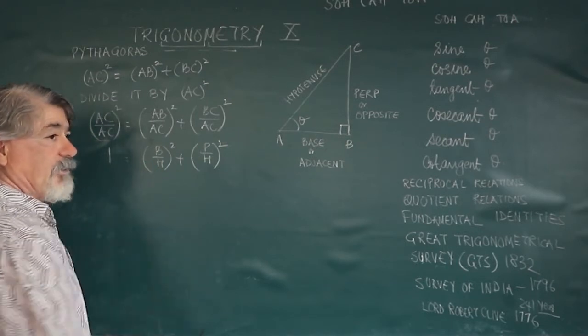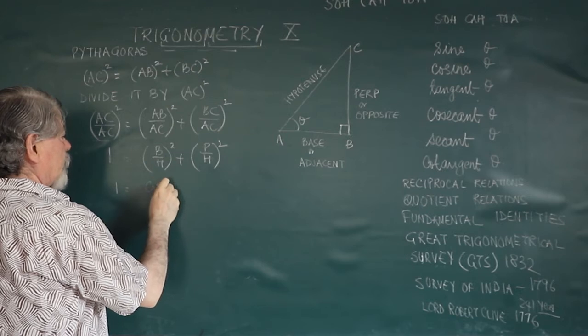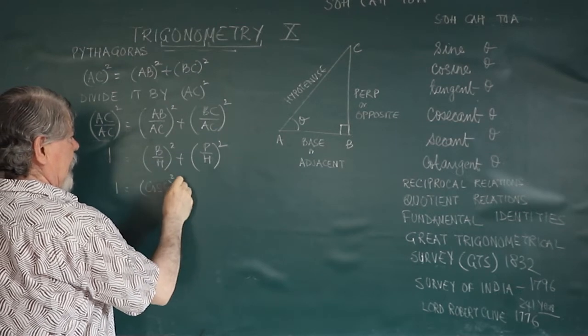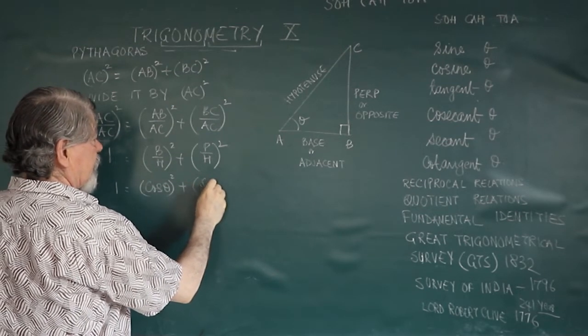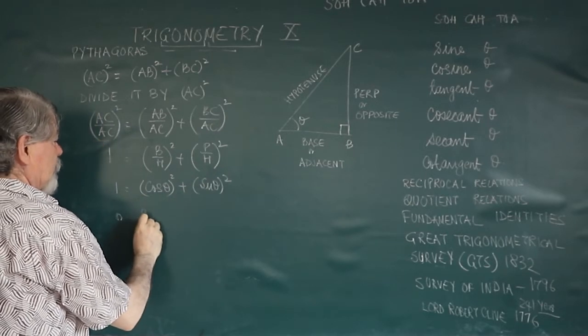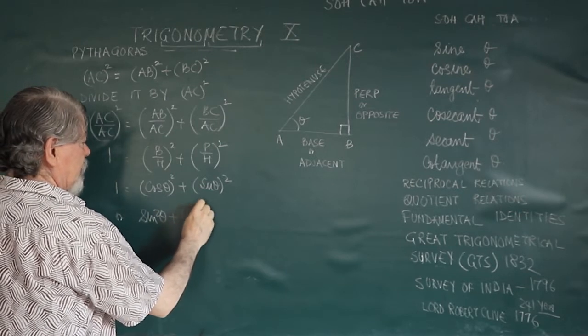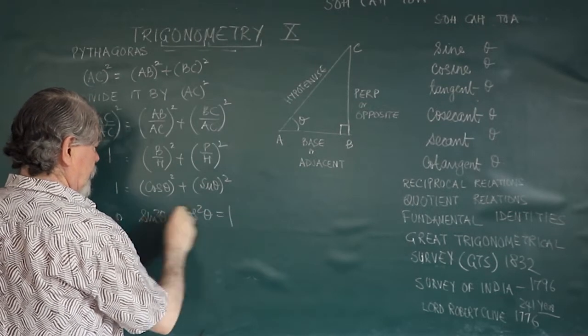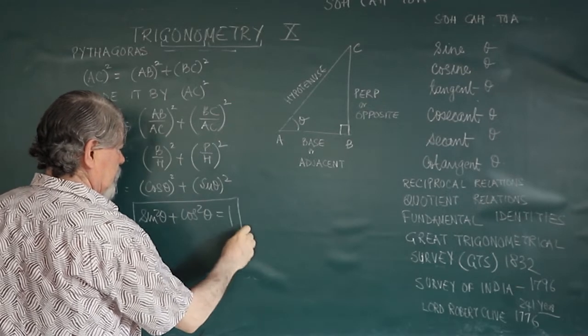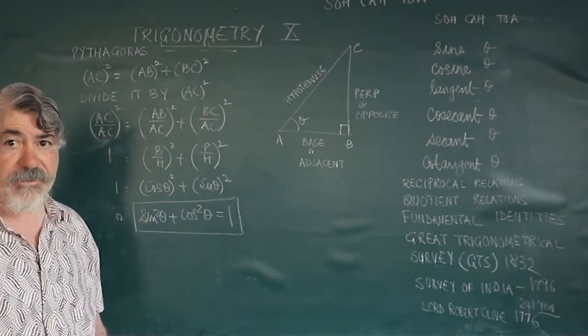So B upon H is what? It will become cos theta whole square, and it will become sin theta whole square. Or I can write sin square theta plus cos square theta is equal to 1. This is one of the basic identities.